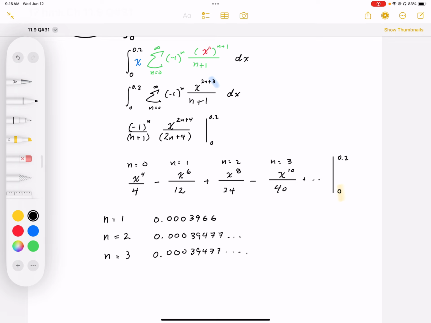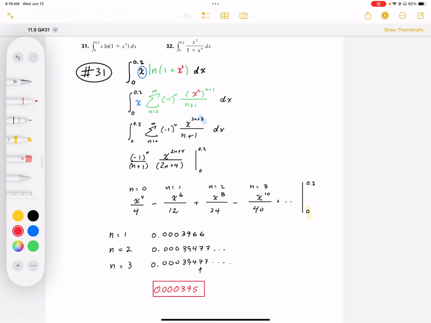And already when I'm looking at my 7th and 8th decimal places, they seem to match. So I've got my accuracy to the 6th decimal place, and when I round it, the area under that curve is going to be 0.395.